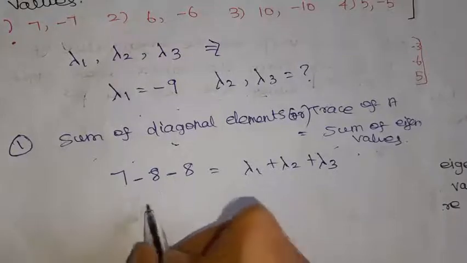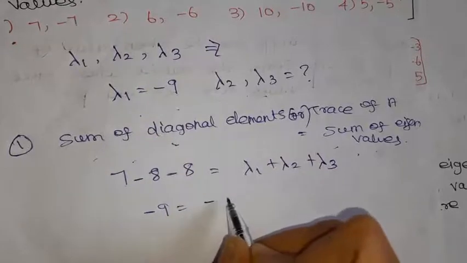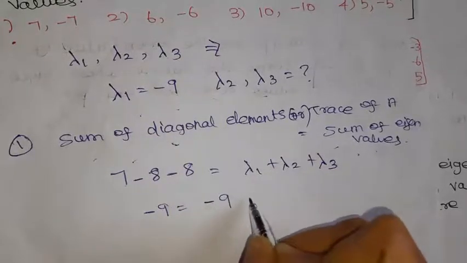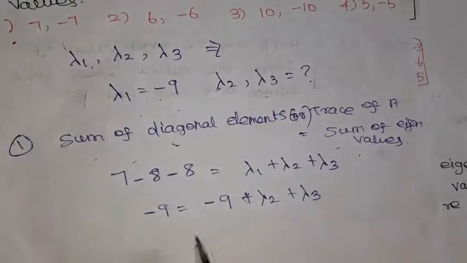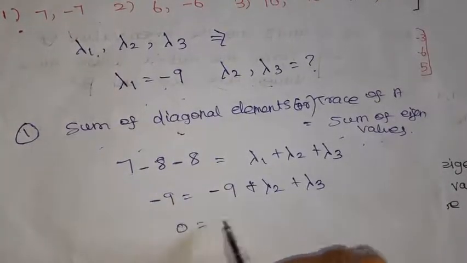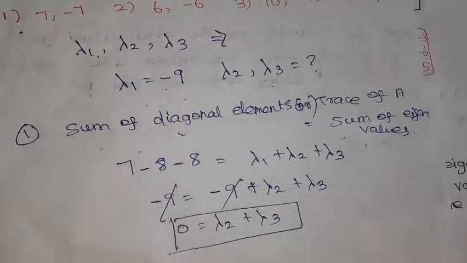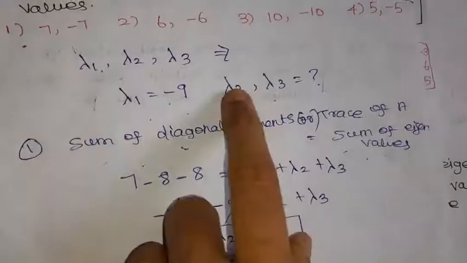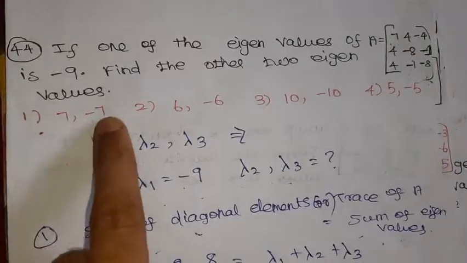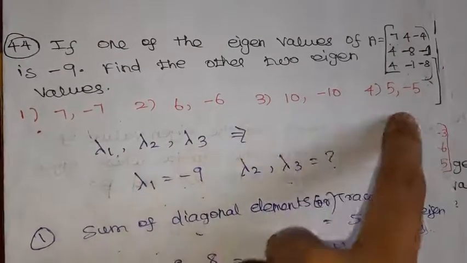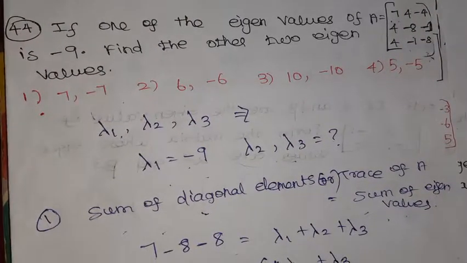Lambda 1 is minus 9, so that cancels, and lambda 2 plus lambda 3 should be 0. This is the clue: adding these two eigenvalues we should get 0. In the options, 7 minus 7 is 0, 6 minus 6 is 0, 10 minus 10 is 0, 5 minus 5 is 0, so every option sums to 0.